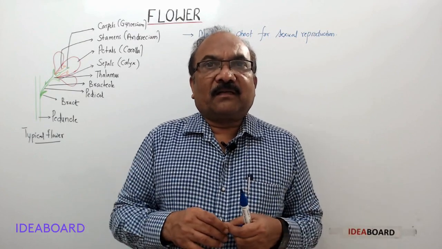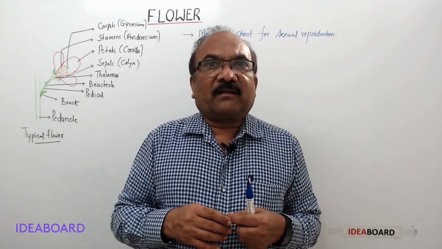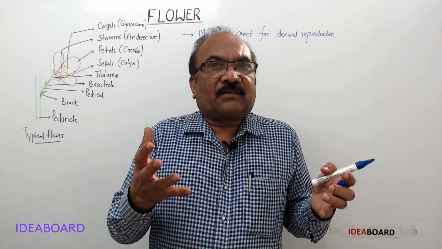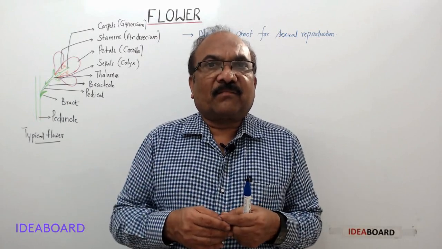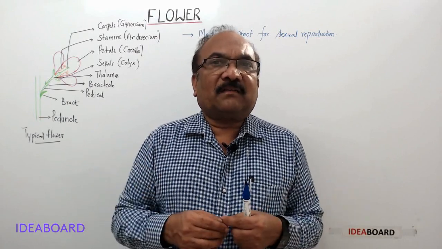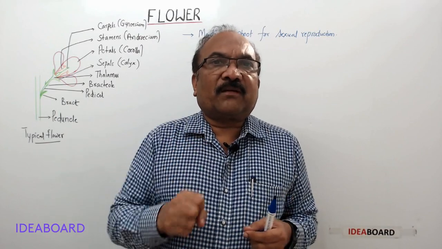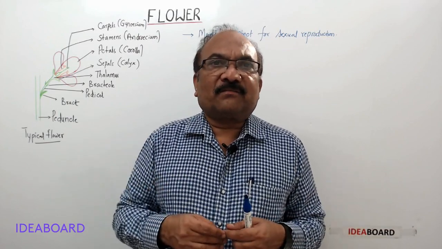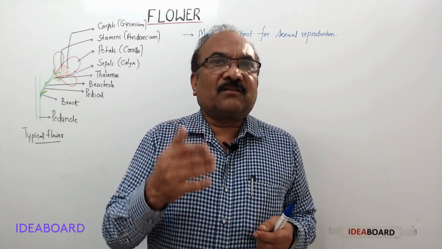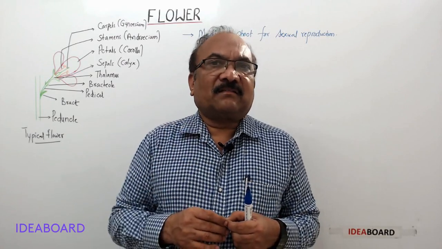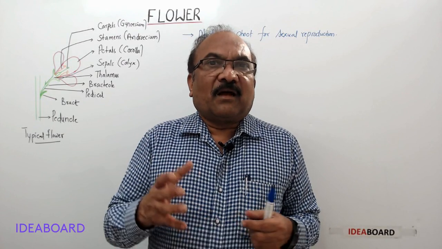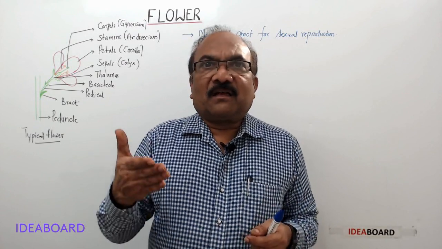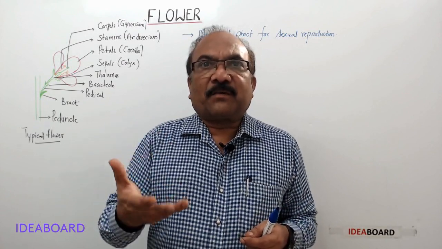And one more thing: the flower is a beautiful organ, and the beauty comes from sepals and petals, which are non-essential organs of the flower. But what are these sepals and petals?